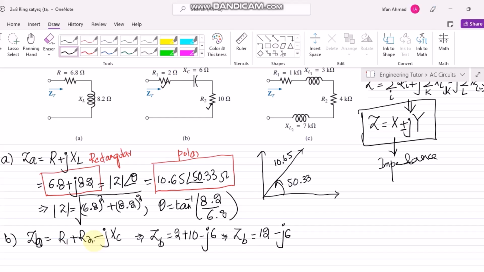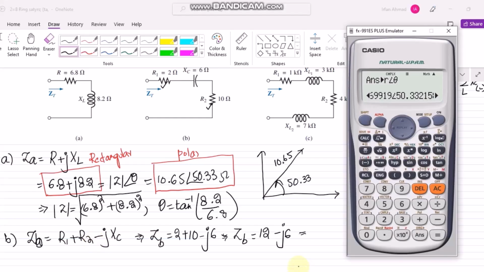Now this is the impedance in rectangular form, and in order to calculate it in the polar form, let me go back here again, and again write the values 12 minus 6, and then write iota with it. So, this is now in the rectangular form.